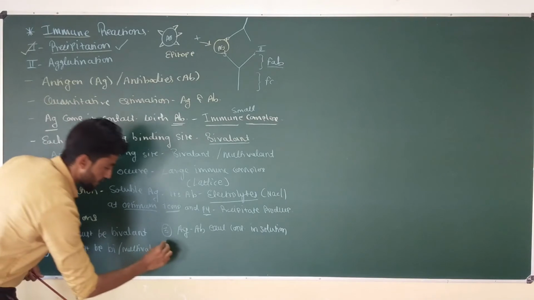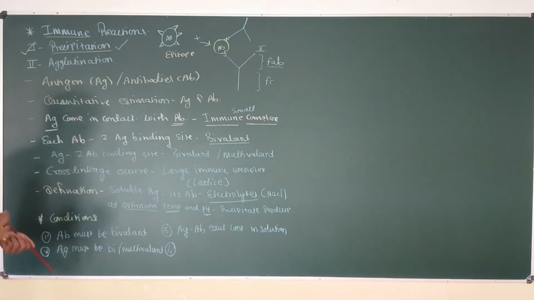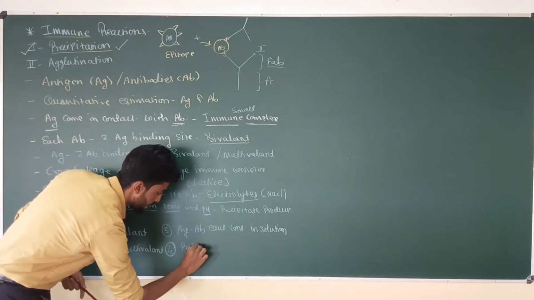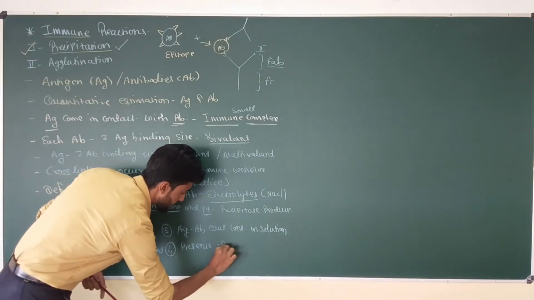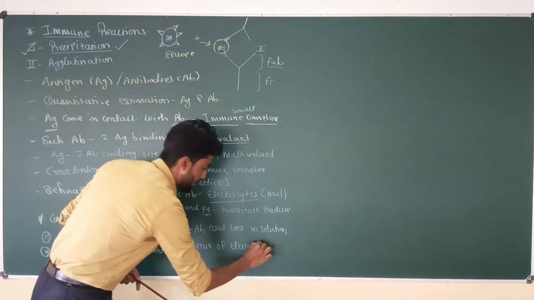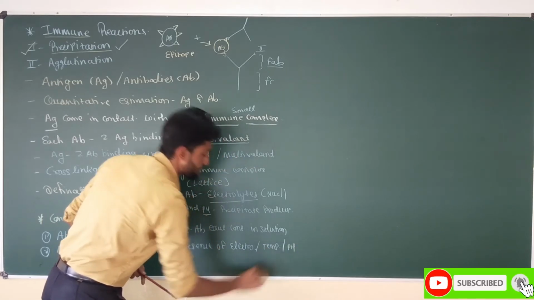The next condition required for precipitation reaction is presence of electrolytes, then optimum temperature and pH.